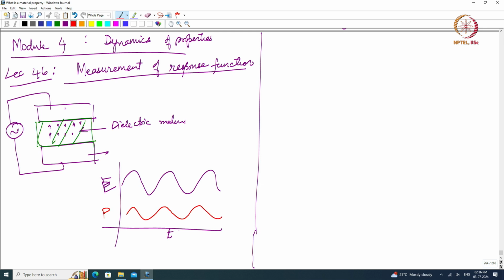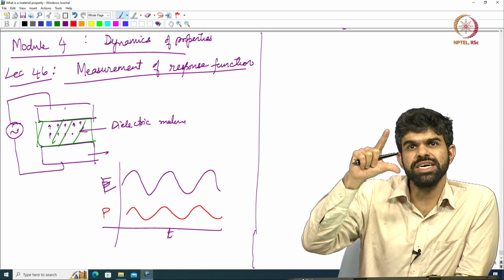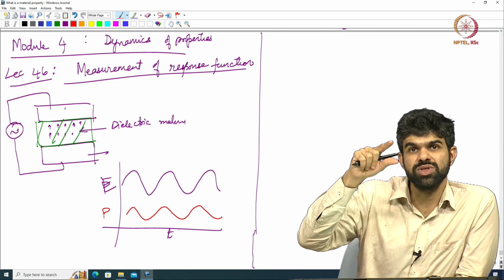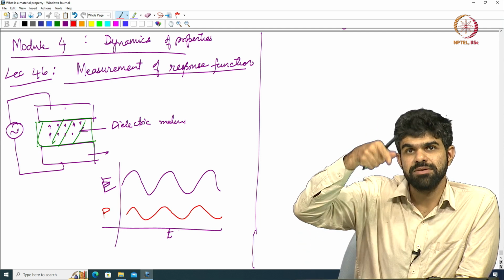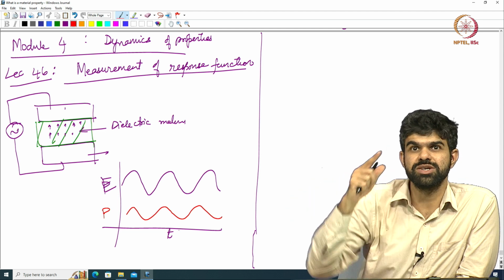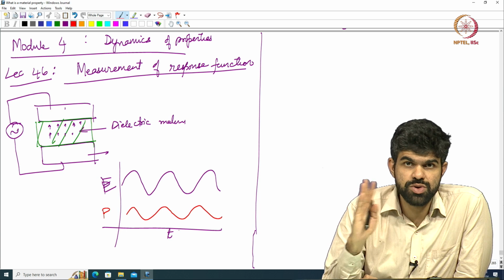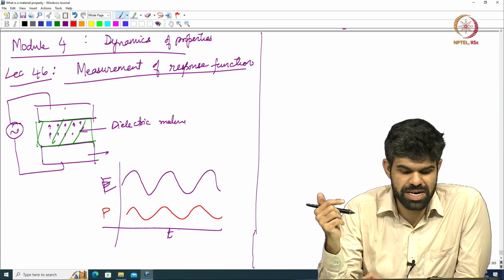Polarization is oscillating in time as the electric field is oscillating in time. The electric field forces the polarization to oscillate, right. So polarization is now no longer a constant, it is oscillating up and down, from down polarized to up polarized to down polarized and so on and so forth, with respect to the applied electric field, right. So it follows the applied electric field in some sense.